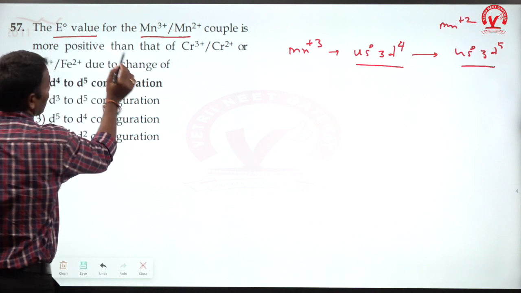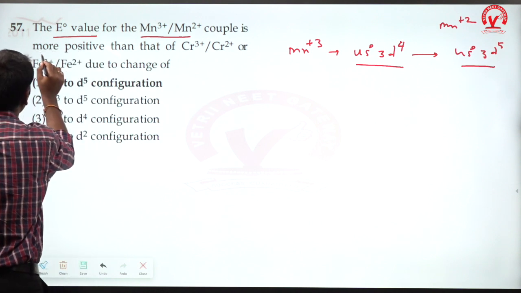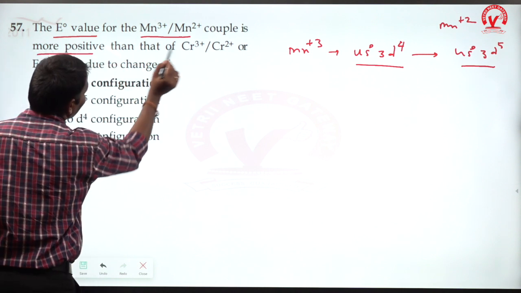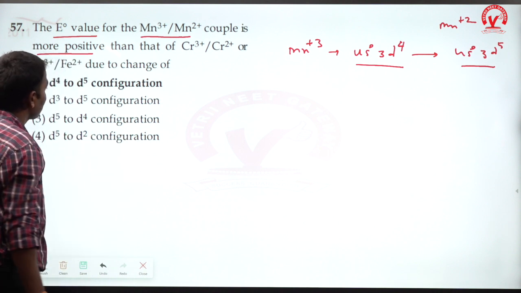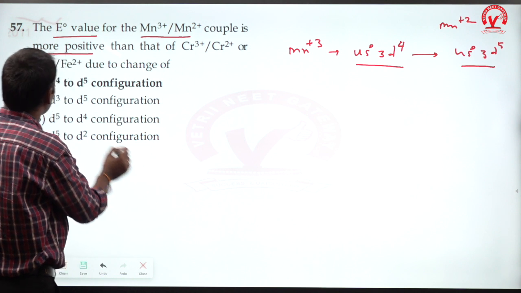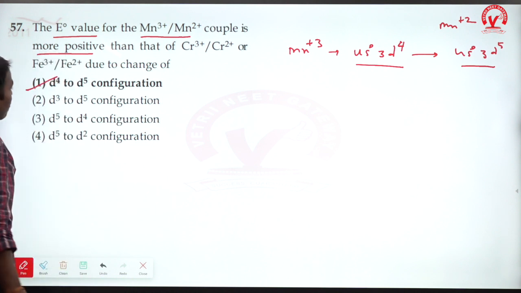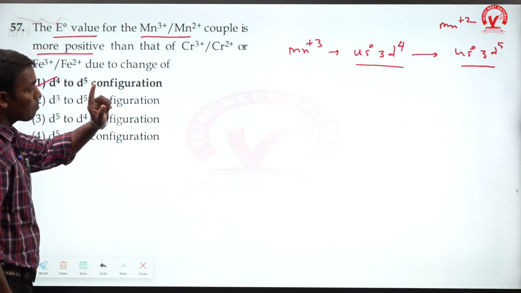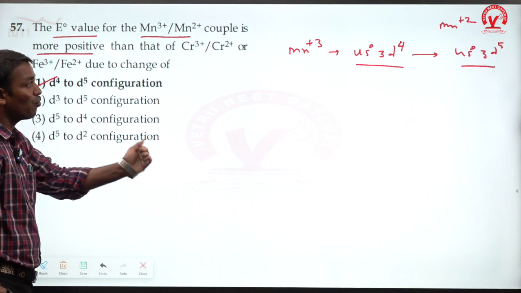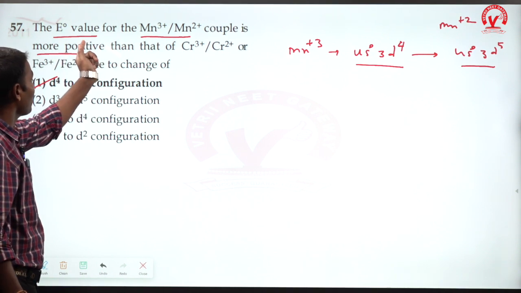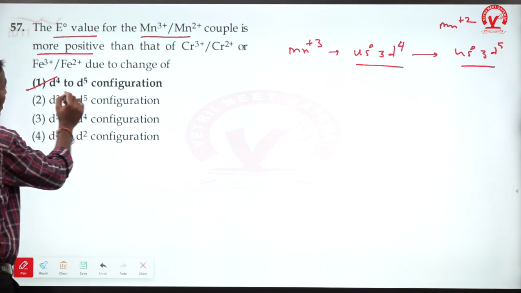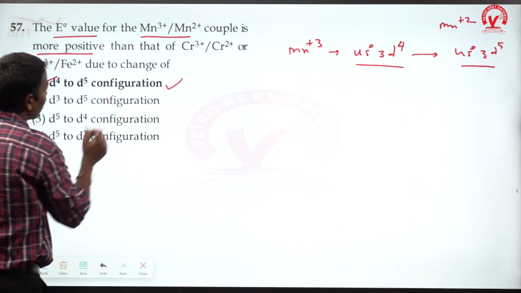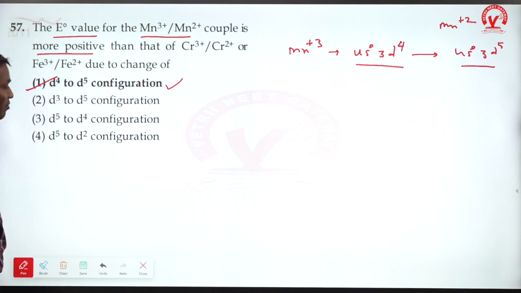See here, it converts to a stable electronic configuration, more positive than that of Cr3+ in Cr2+ or Fe3+ in Fe2+. That is, d4 changes to d5 configuration. Getting a stable electronic configuration, the E0 values are more positive, because it is converting to a stable d5 configuration.